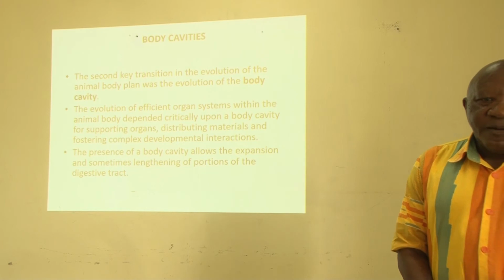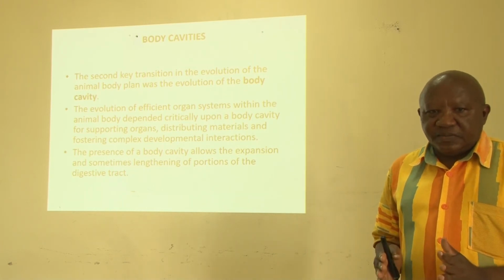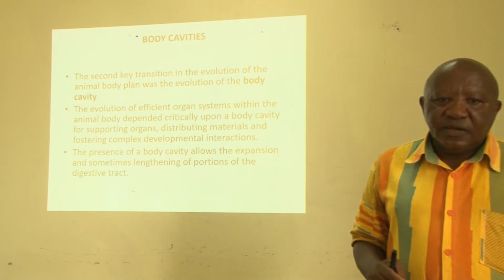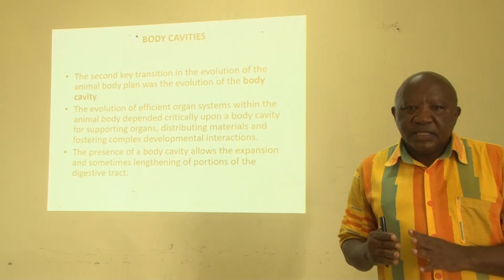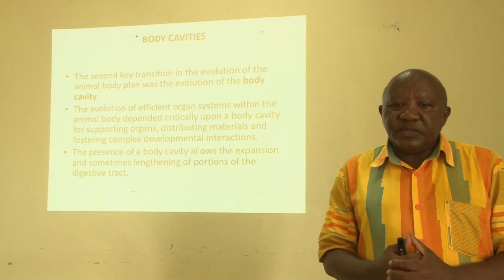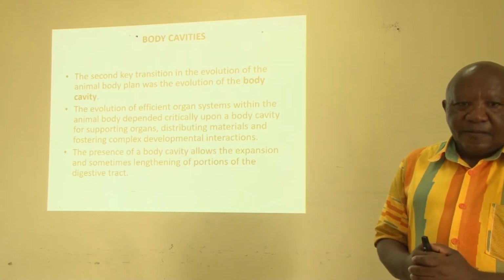The evolution of efficient organ systems within the animal body depends critically upon a body cavity for supporting organs, distributing materials, and fostering complex developmental interactions.